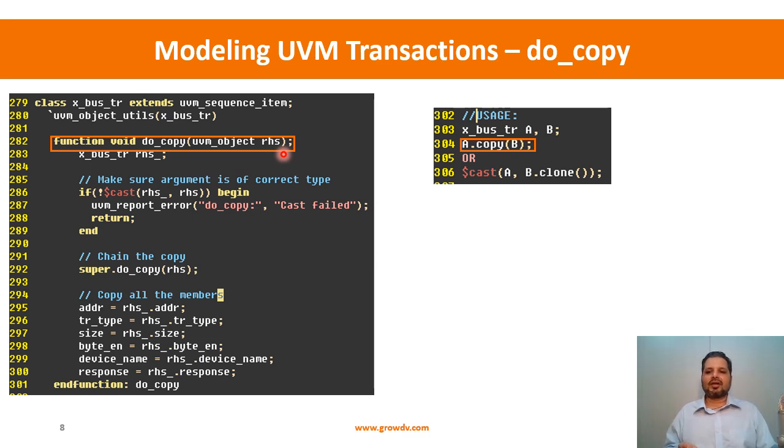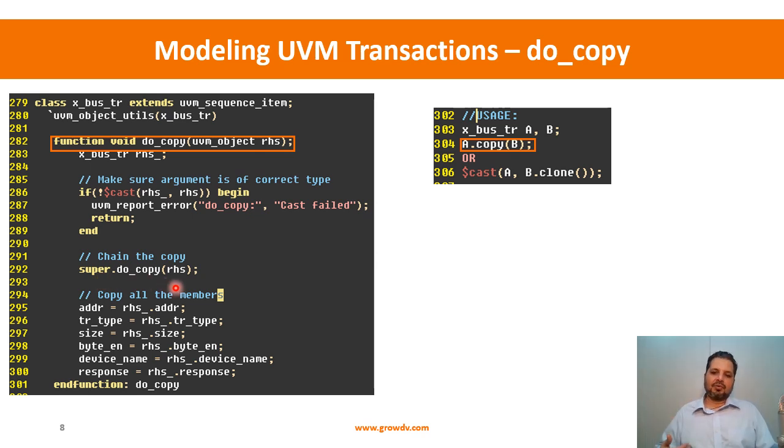Because these are all virtual functions, it would still work, but before doing that we need to cast it and check. So the first step is that we will do the dollar cast of RHS underscore to RHS to see whether both the objects are of compatible type, right? And if they are compatible, then we call the super.doCopy.